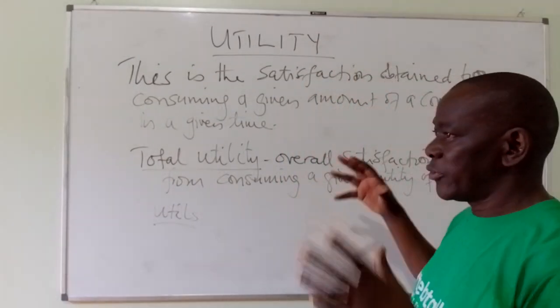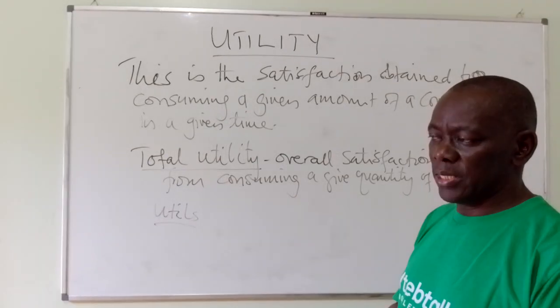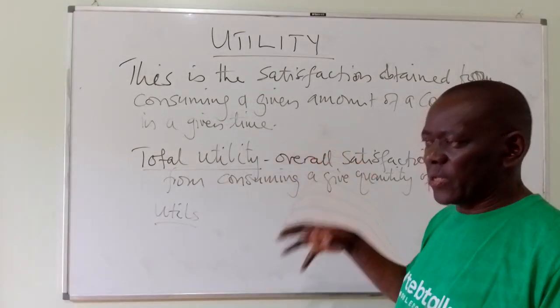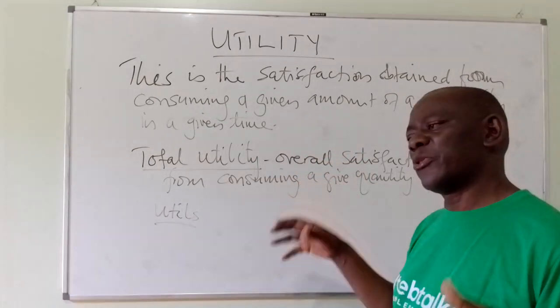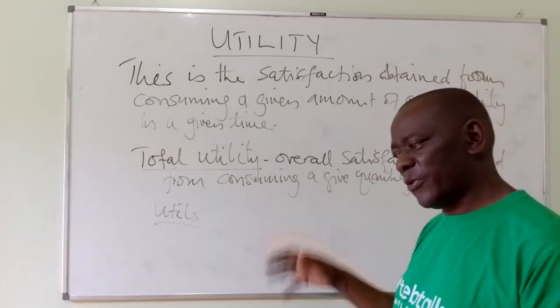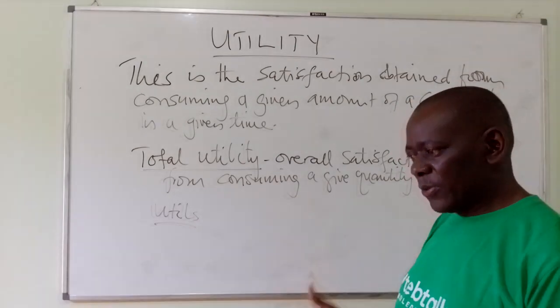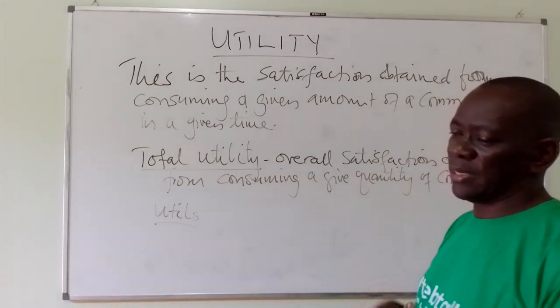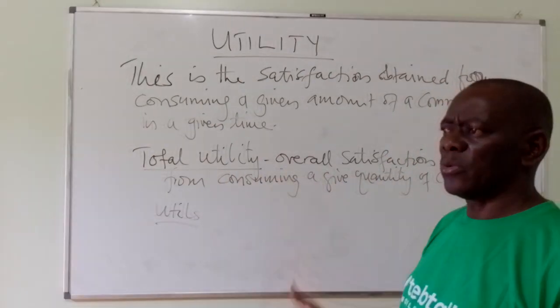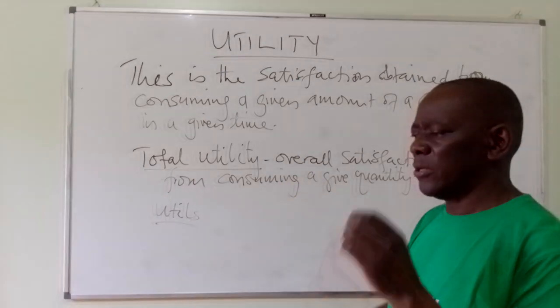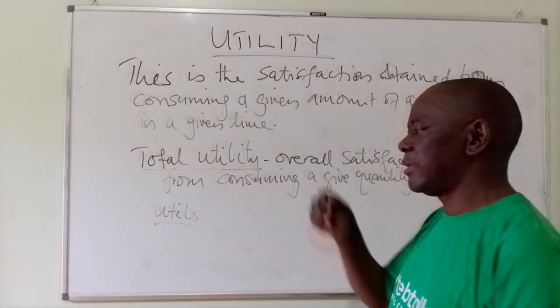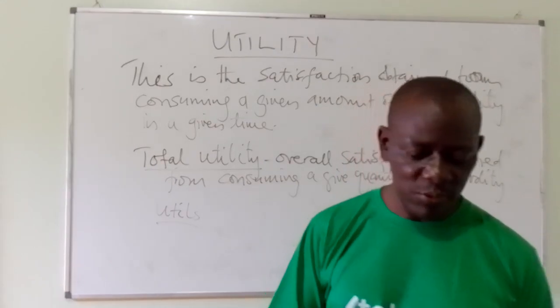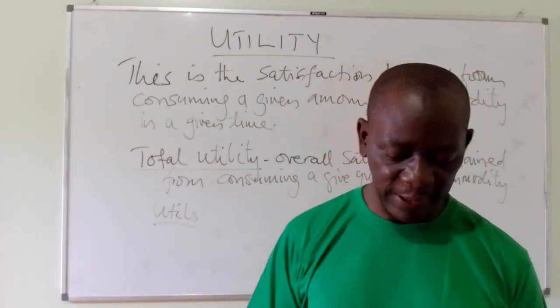So if you consume a basket of commodities, or if you consume a full saucepan of food, that whole satisfaction you get is what we call total utility. What have you got out of consuming unit 1, unit 2, unit 3, unit 4? That is what we call total utility.